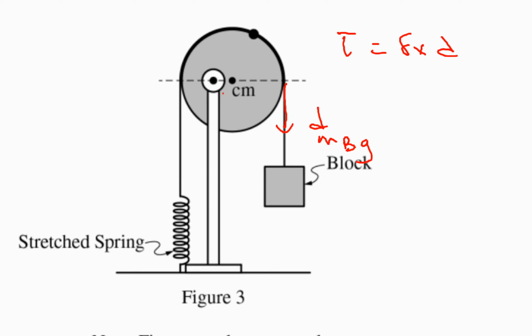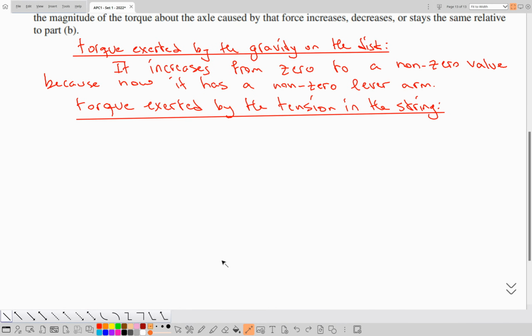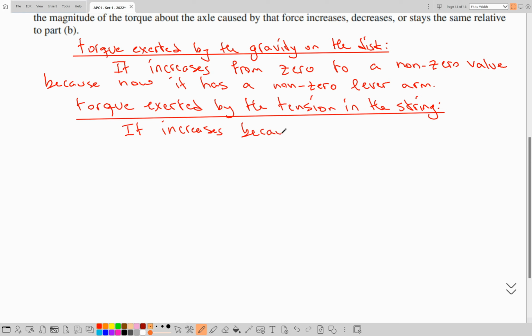But notice that the distance increased from this part to this part because the axis of rotation has been shifted to the left, which means the lever arm has increased. So it increases because the lever arm is now longer.